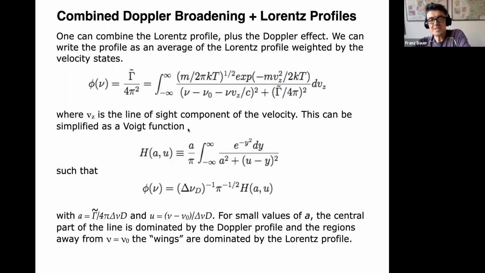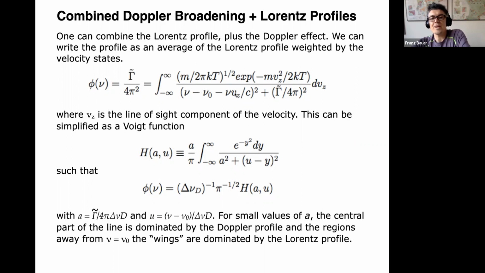We can think about this profile as being 1 over the Doppler velocity, and again the normalization of 1 over square root pi, and then this. A here is now this, and we also have this exponential, which goes as this, and then we have u minus y.